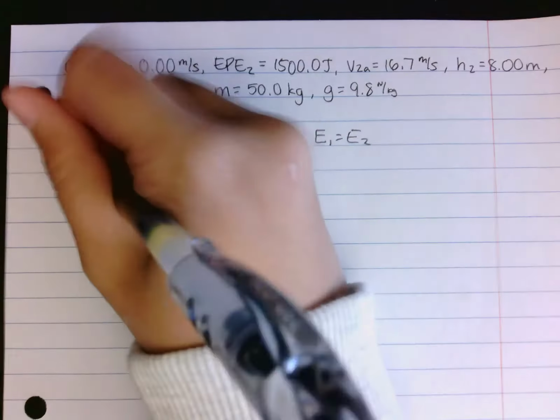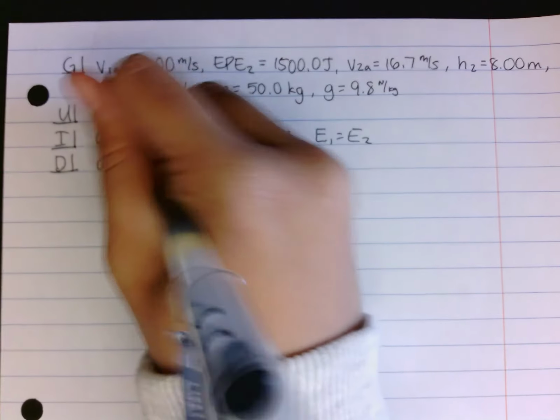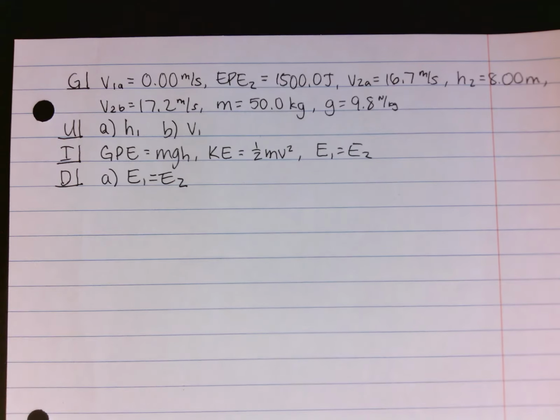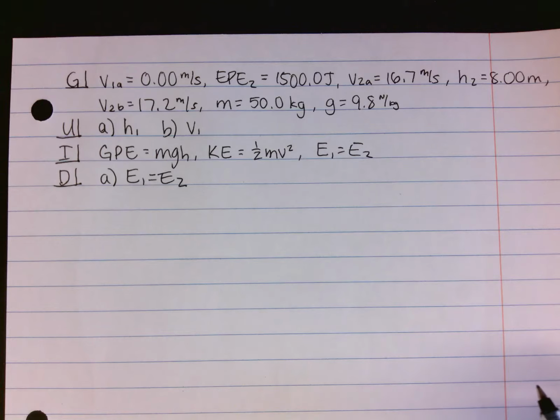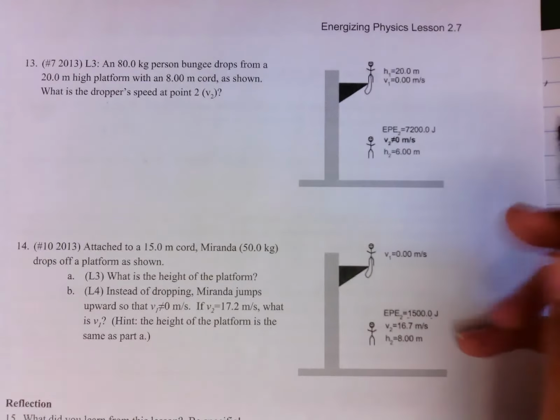So we're going to first start off with E1 equals E2, which means since in this system energy is conserved, we know that energy at point 1 is equal to energy at point 2. So the second step is to figure out what kinds of energy are at point 1 and 2.